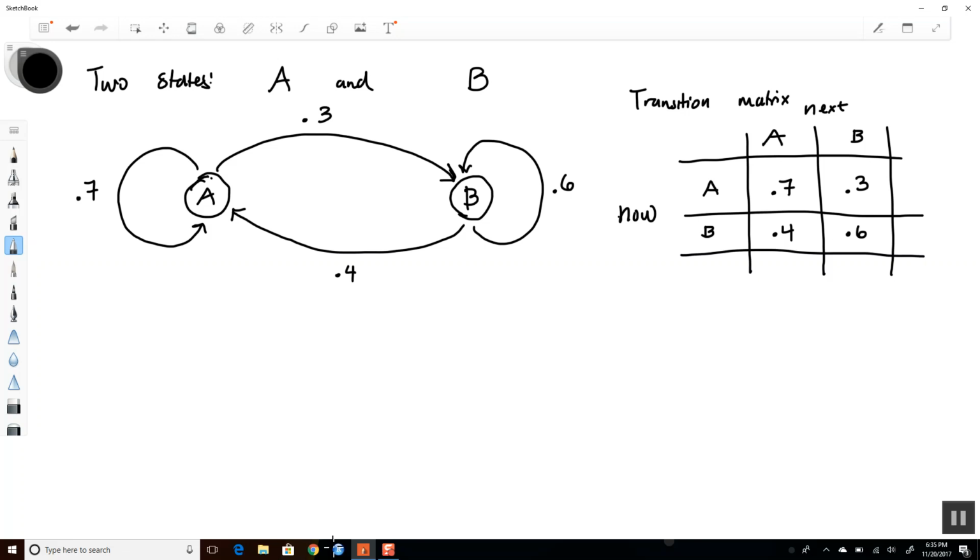Okay, and so what is the stationary distribution?